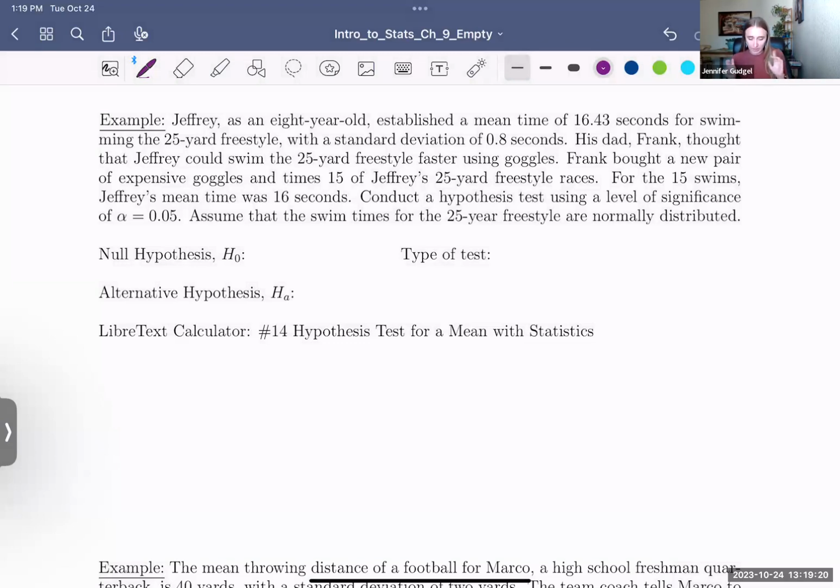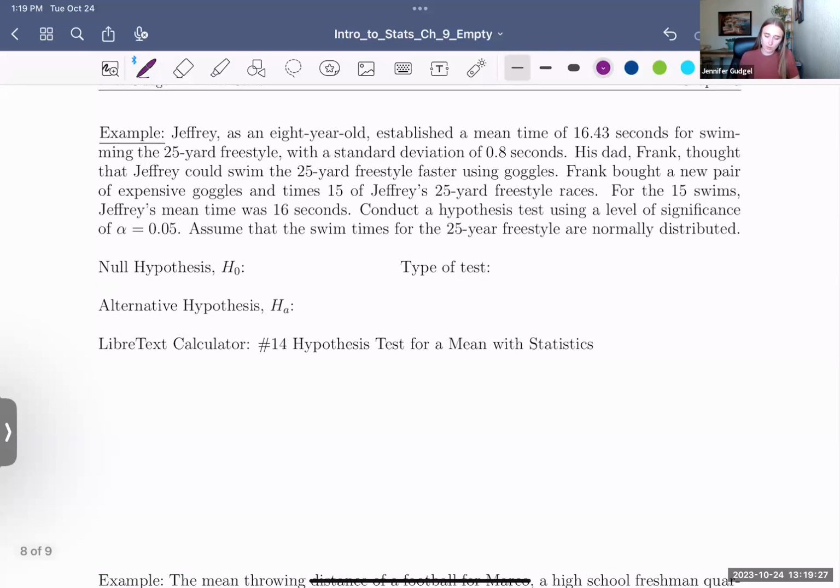Here, Jeffrey is an 8-year-old, and he established a mean time of 16.43 seconds for swimming the 25-yard freestyle with a standard deviation of 0.8.